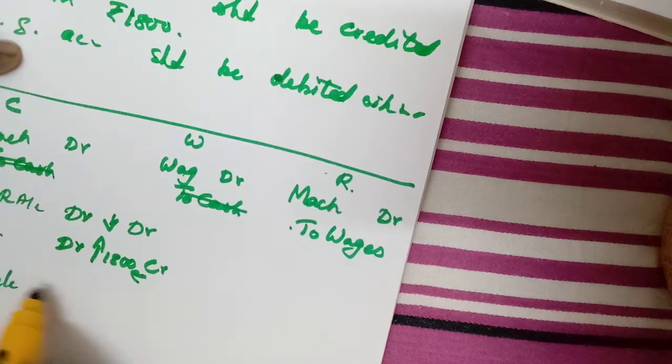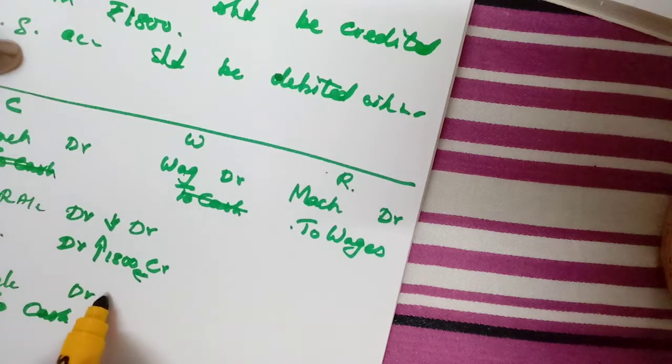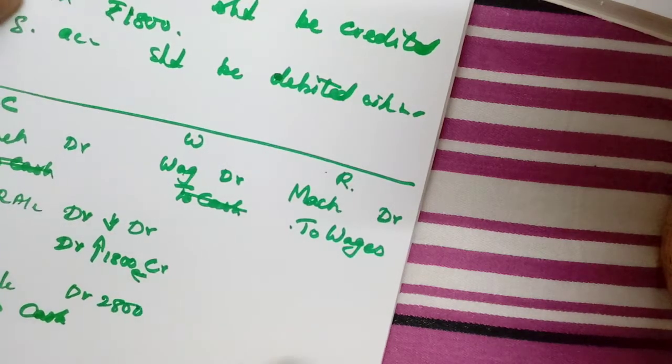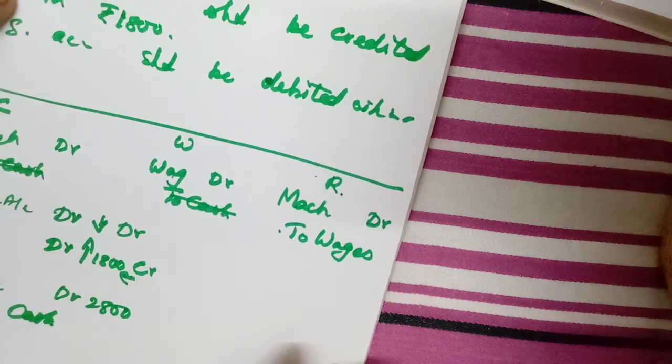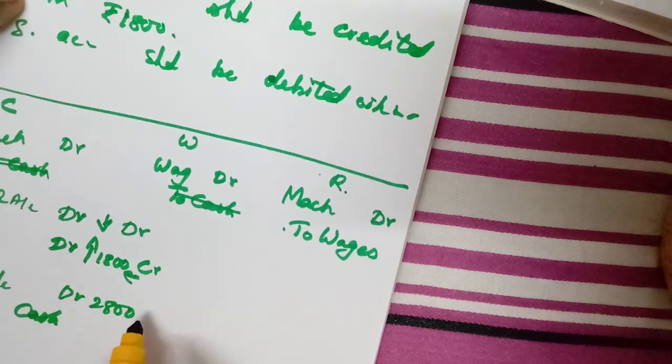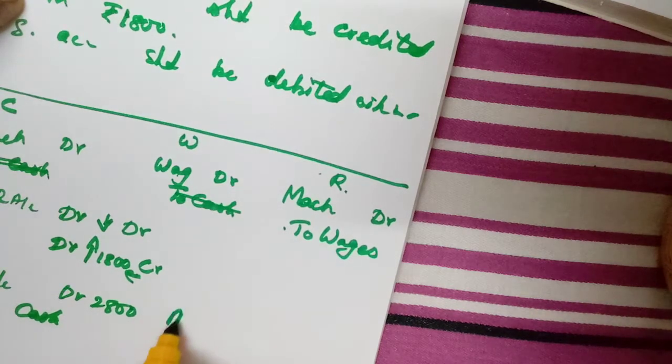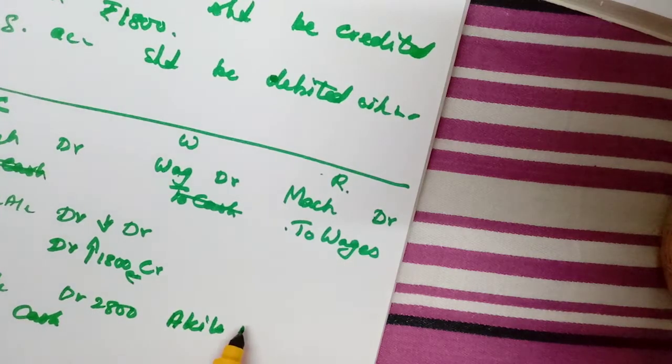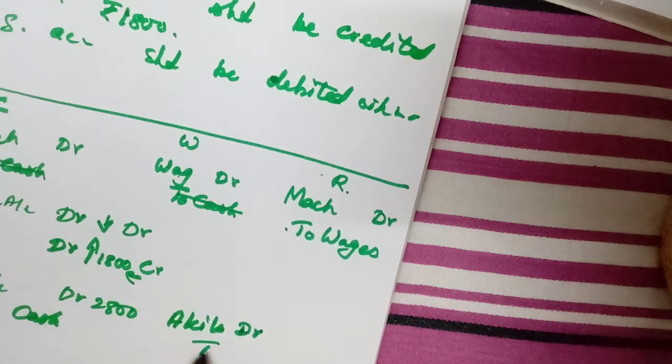Mukil's debit to cash 2800, isn't it? Here it was debited to Akhil's account. Akhil's debit to cash.